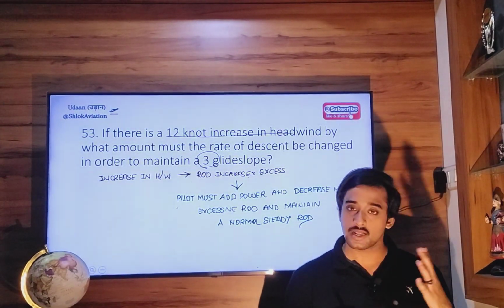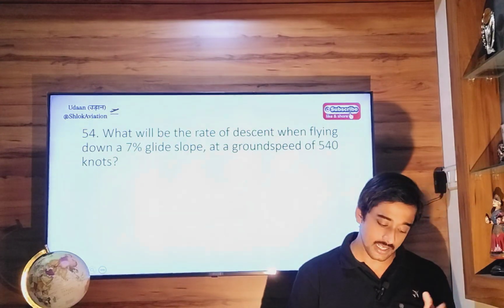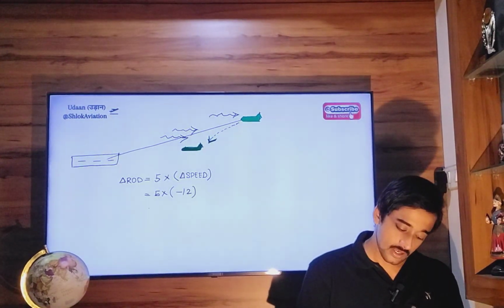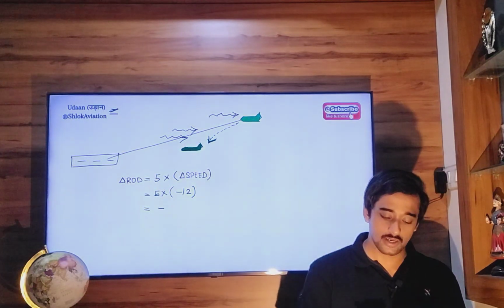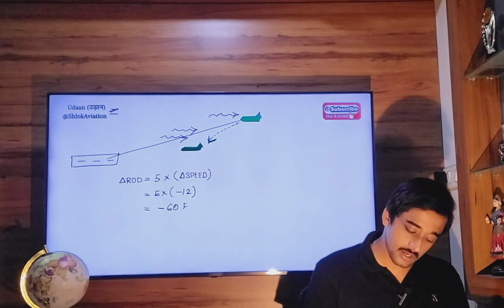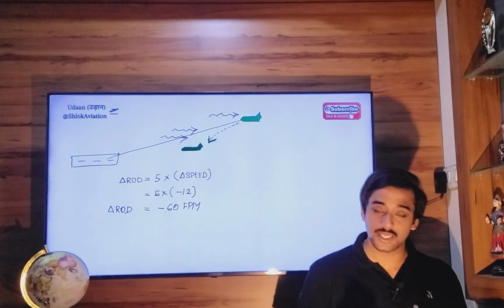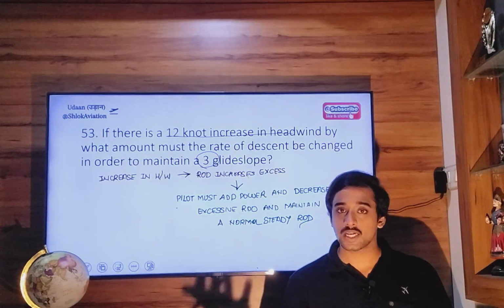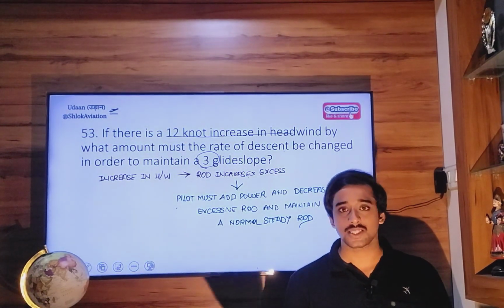So a 12 knot increase in headwind means a 12 knot decrease in ground speed, so minus 12. So 5 into minus 12 is minus 60 feet per minute. So the change in rate of descent required is minus 60 feet per minute, meaning the pilot will have to decrease his rate of descent by 60 feet per minute.